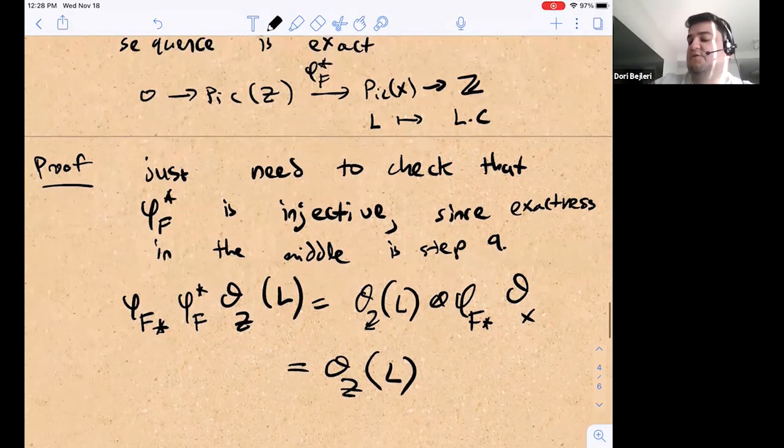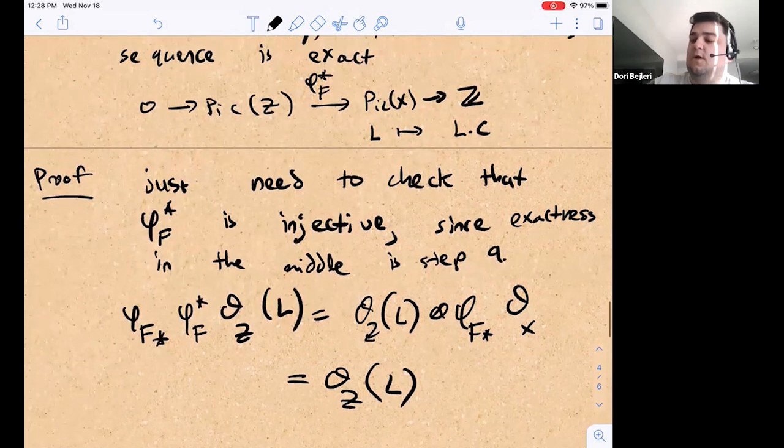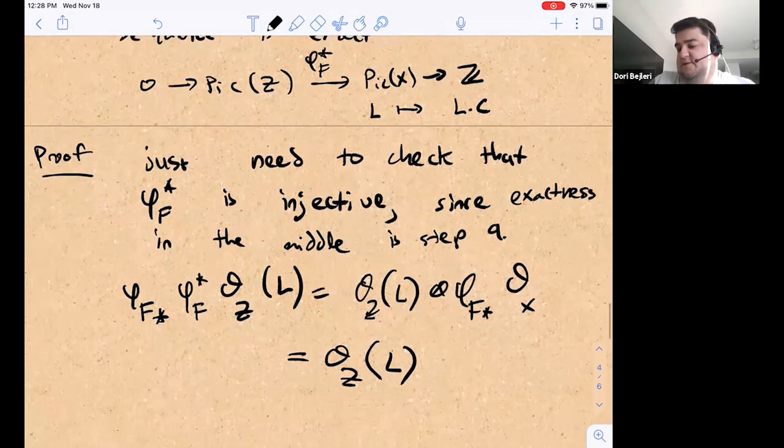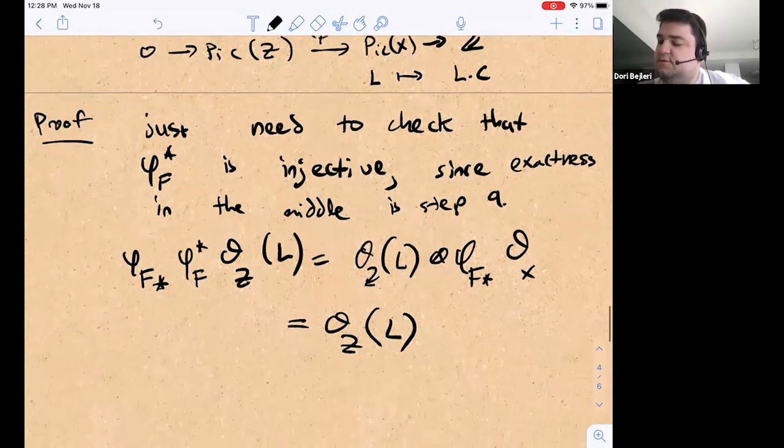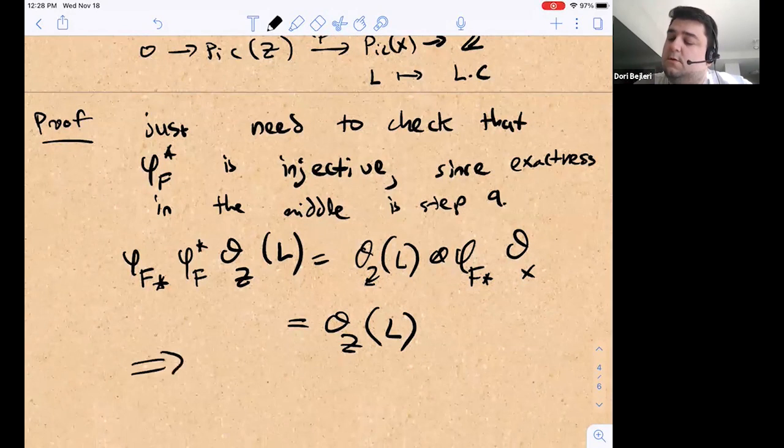And so phi F lower star gives us a splitting of that first map, so it's injective. Or maybe it doesn't give us a splitting, but it tells us that we can distinguish the pullbacks of line bundles from Z from each other, so it's injective. So it only really gives us a splitting on the image of Pic Z.